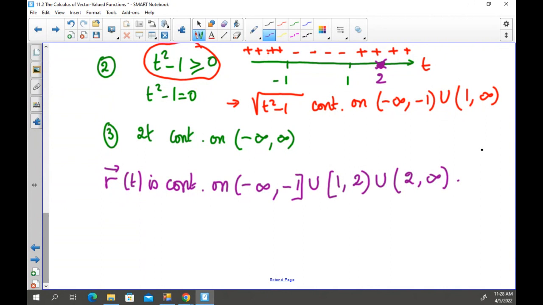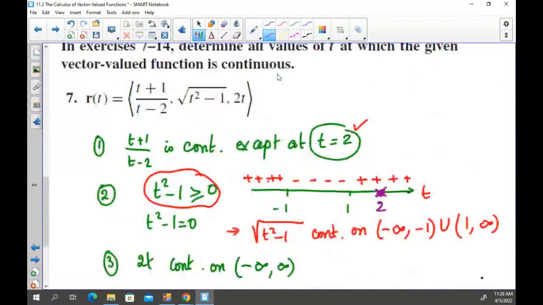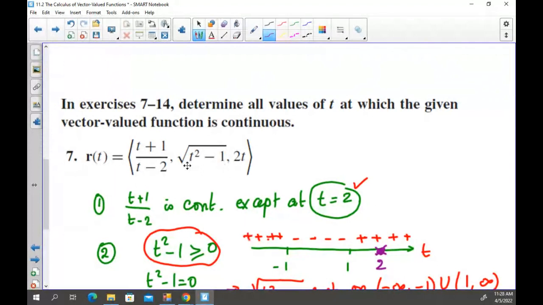If you graph this function, at negative 1 it reaches the point negative 1. So you can think of it as being continuous at negative 1, also because of the greater than or equal.